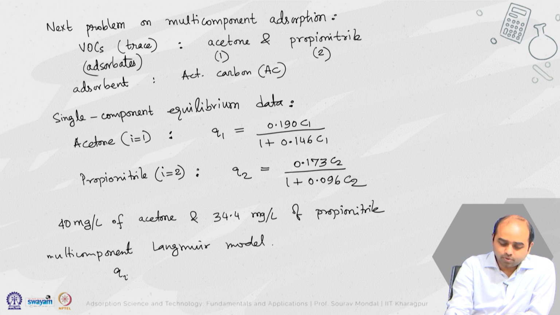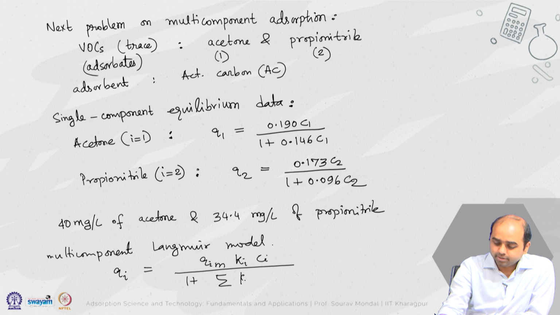Which is Qi, if you recall, Qim Ki divided by 1 plus the summation of all the species present in the solution. So in this case it would be 1 to 2, as we have only 2 species.